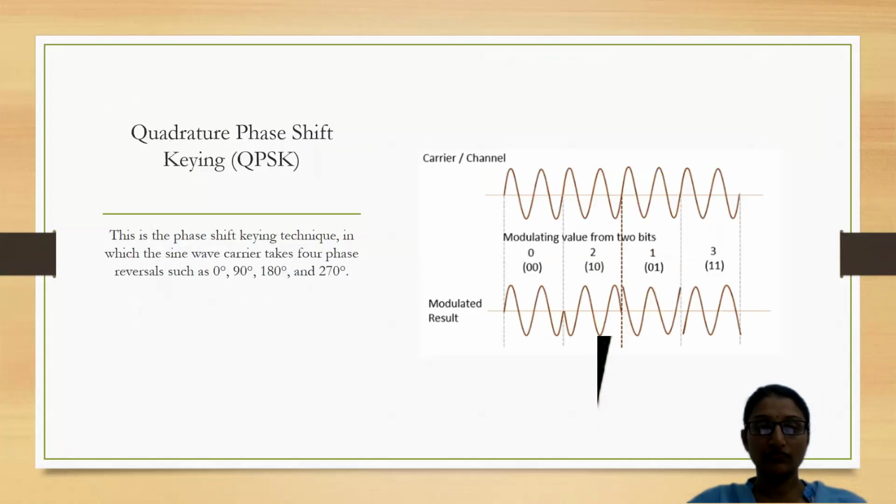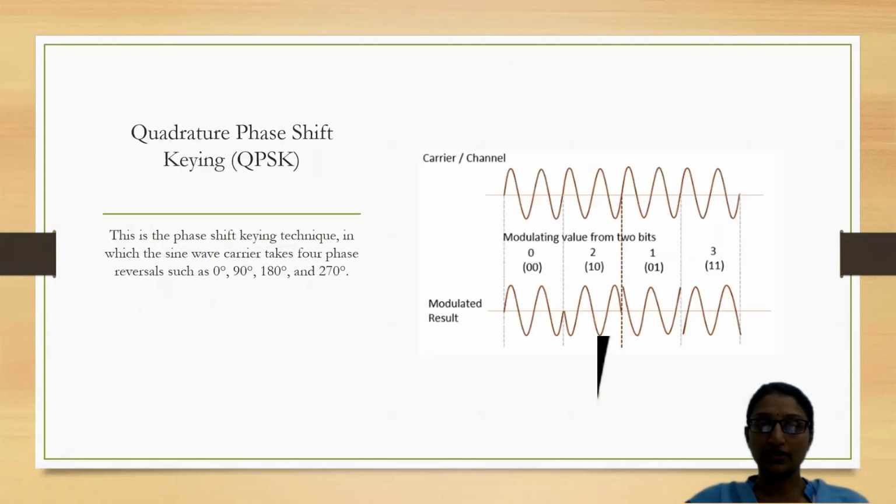And as it is having 4 phase reversals, we can also observe that the input binary is taken as a combination of 00, 10, 01, 11 bits. It is a 2-bit combination. So when the input is a 2-bit combination and the phase reversals are in between 0, 90 degrees, 180 and 270, then we call it QPSK.